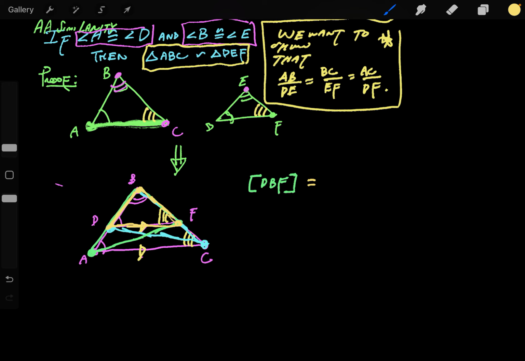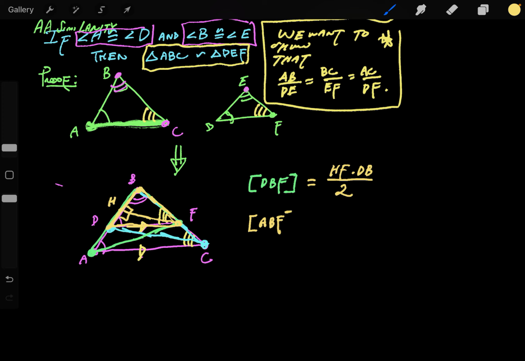So the area of this is going to be equal to, if you look, dB times this altitude, where I'm going to make it a 90-degree angle and call this H. So it's HF, the altitude, times the base dB, divided by 2. Now let's look at the triangle that we just drew, triangle ABF.